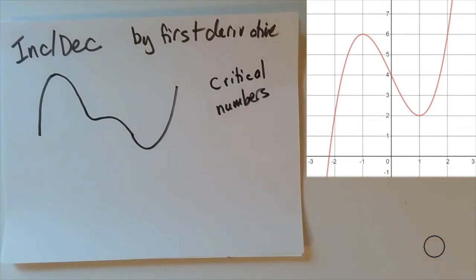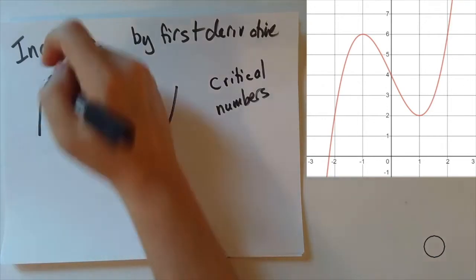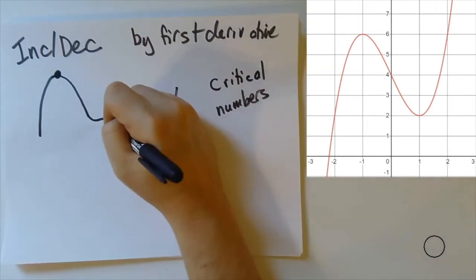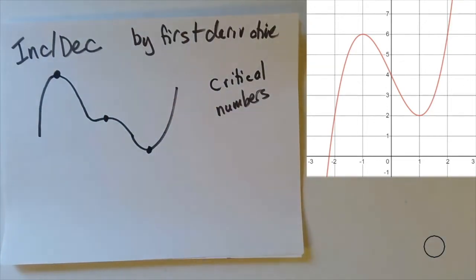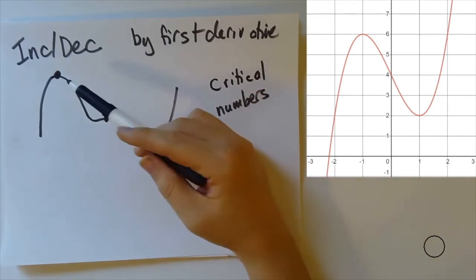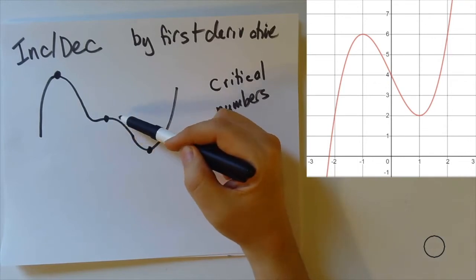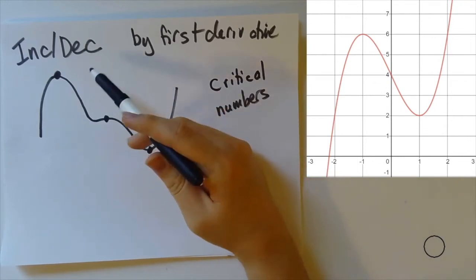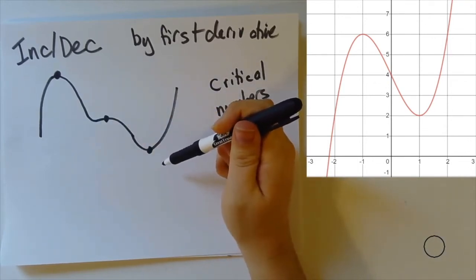And those are places where the derivative is 0. That's places where the tangent line's horizontal. And so there's one of those here, one of them here, and one of them here. Those are my critical numbers. Notice here there's a flat tangent line, even though, unexpectedly, the function keeps decreasing through this.